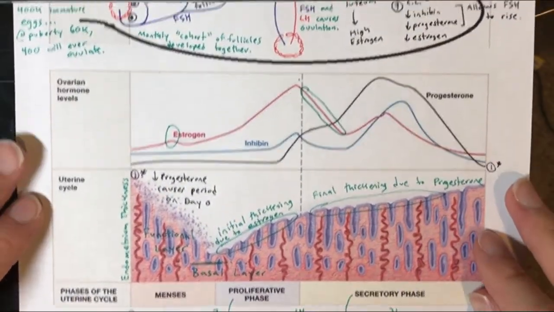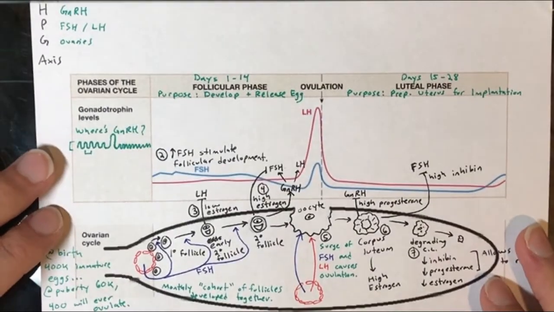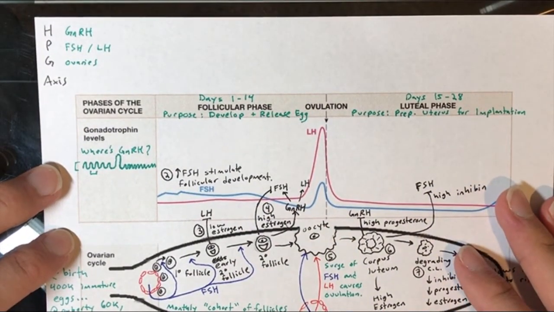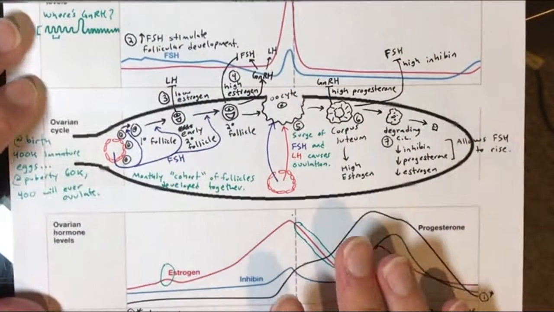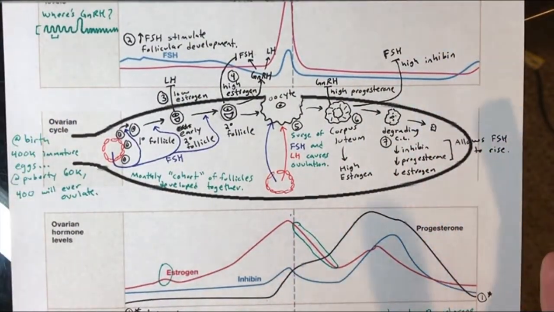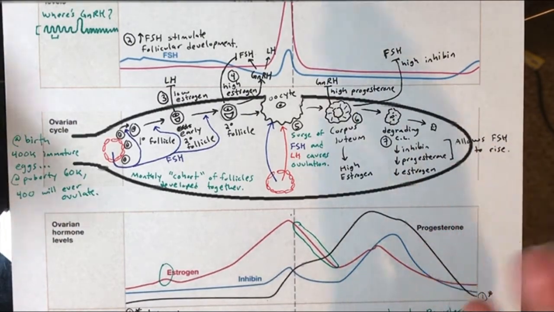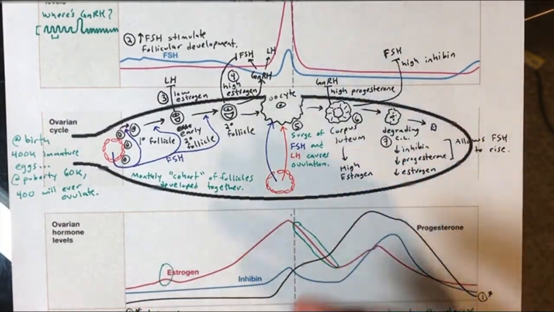All right, so just a couple of other sort of connections to some stuff that you might be wondering. So all of this is only happening after puberty. Why is it not happening in a female that's younger, like 8 years old?